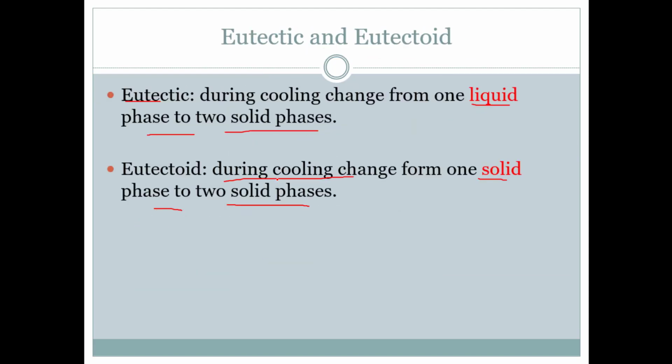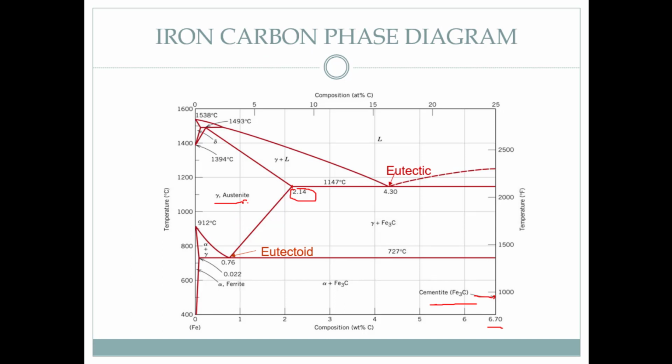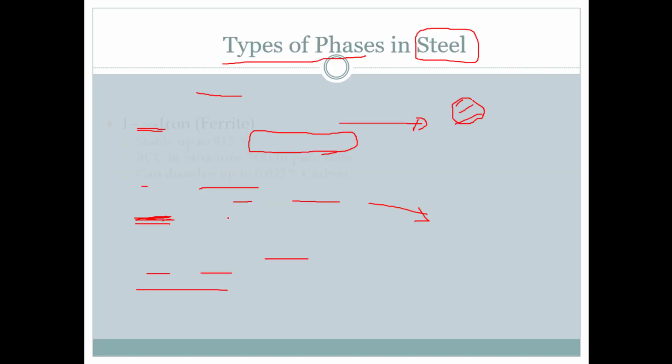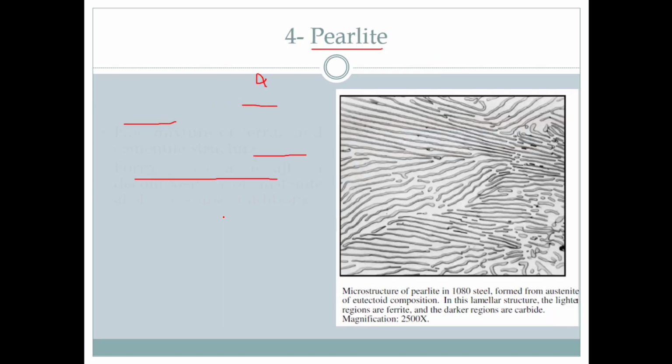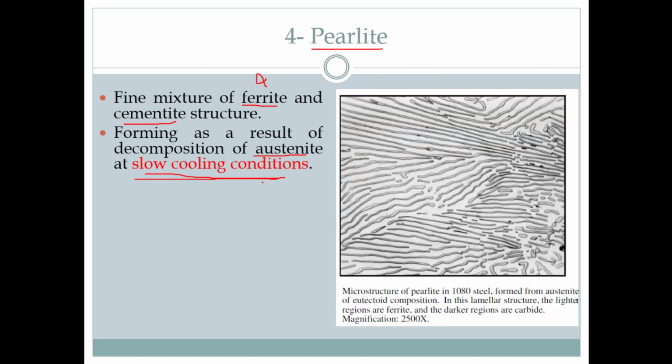For example, at the eutectoid point, we have the substance at a very high temperature, austenite, and we're cooling down, so we'll reach ferrite and cementite. How can we obtain pearlite? With slow cooling from austenite temperature, we'll have a ferrite and cementite structure.